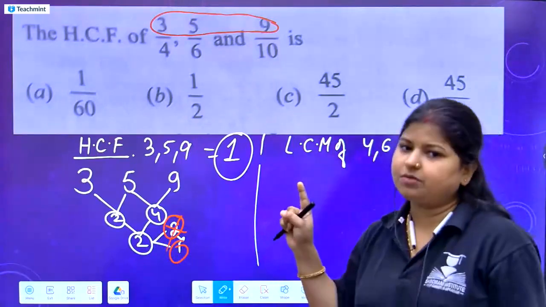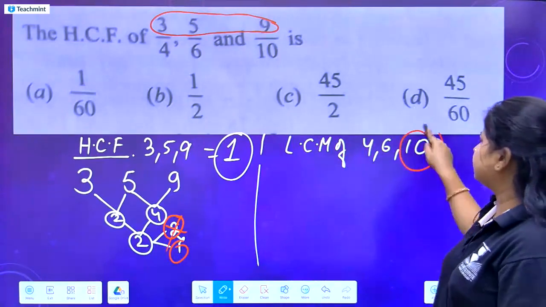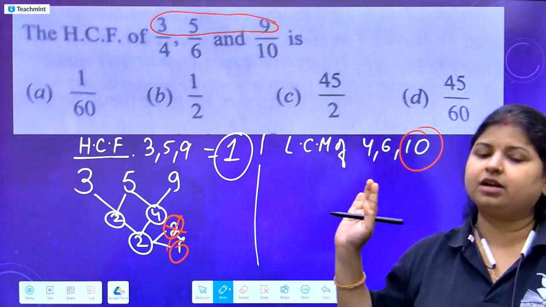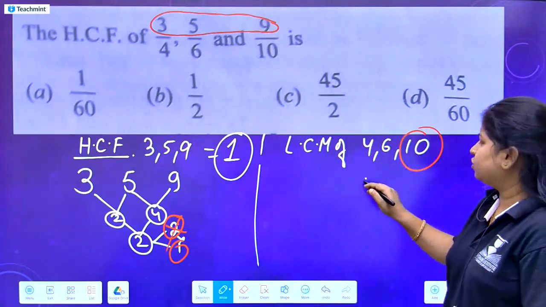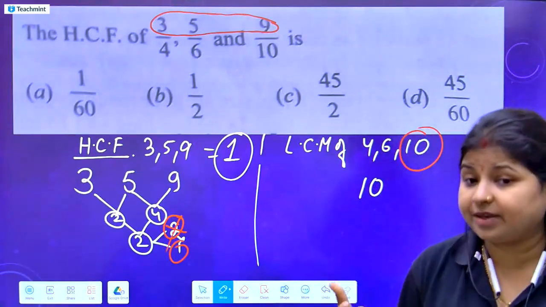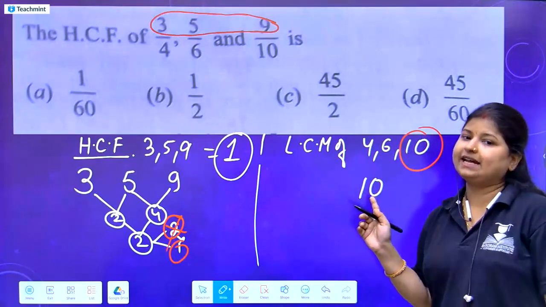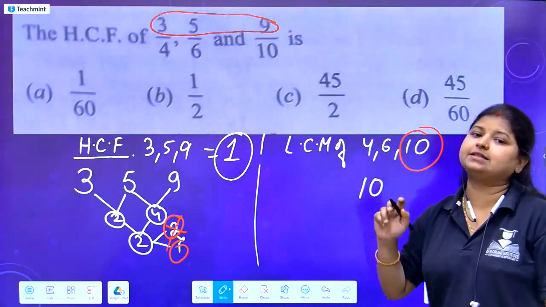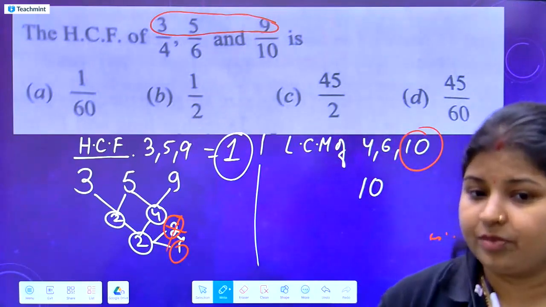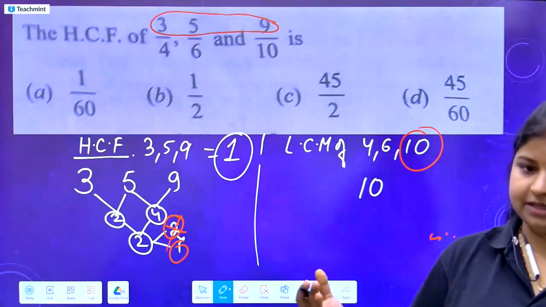And in LCM also, I taught you that whichever is the highest number, consider that to be the LCM. So 10 could have been my LCM. But because this 10 is not divisible by 4 and 6, you have to take such a number so that it becomes divisible by 4 and 6.